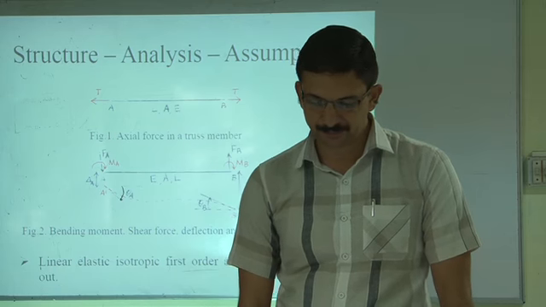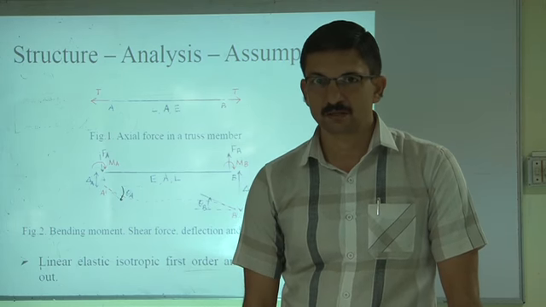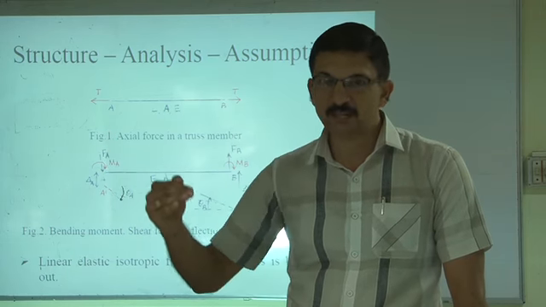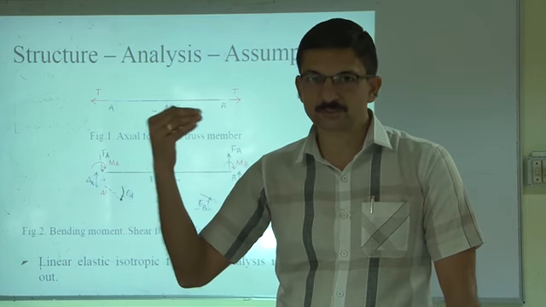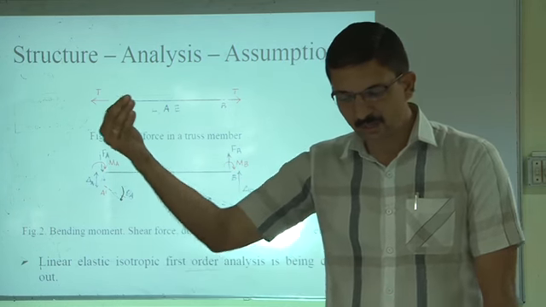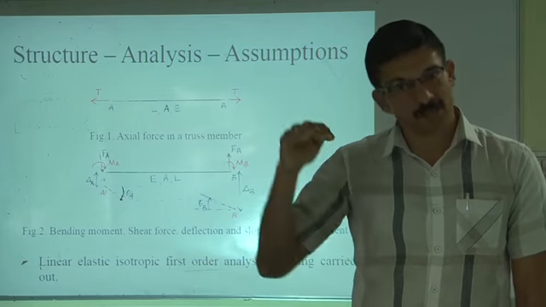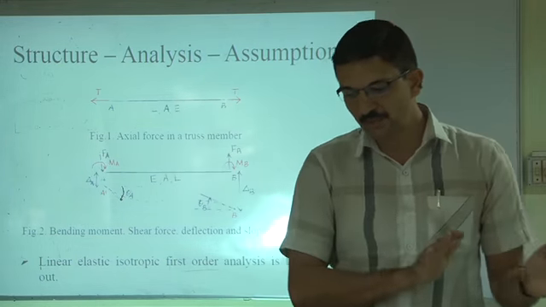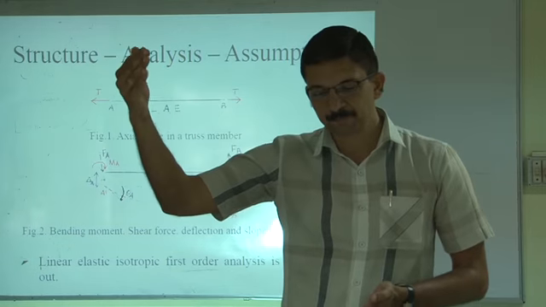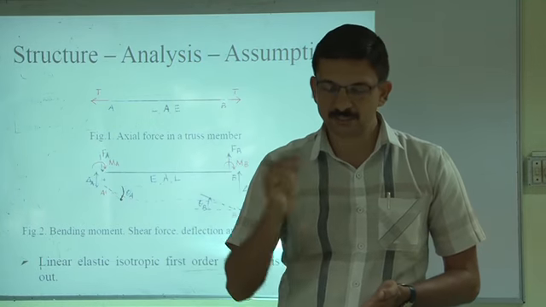That is the first assumption. Elastic: the deformation is going to be within the elastic limit, beyond which the material is going to be inelastic, or it cannot come back to its original size and shape. So we assume that when you remove the load at any point of time, the material can come back to its original size and shape.